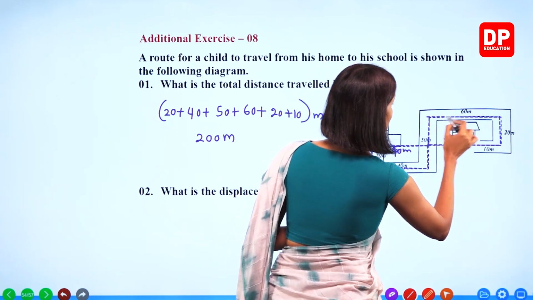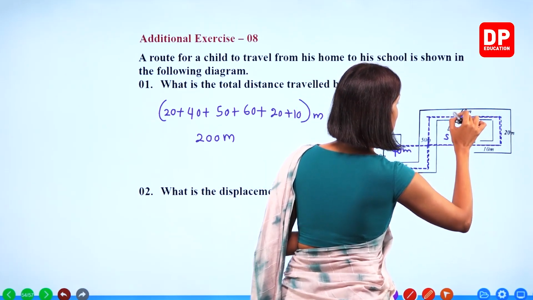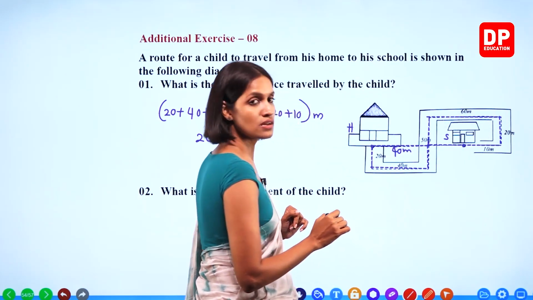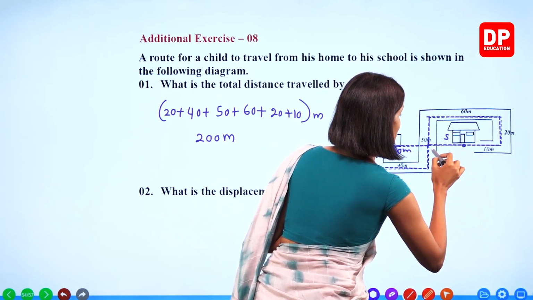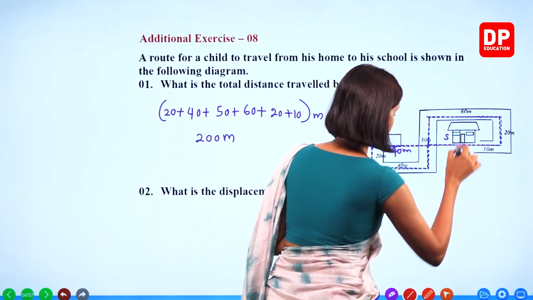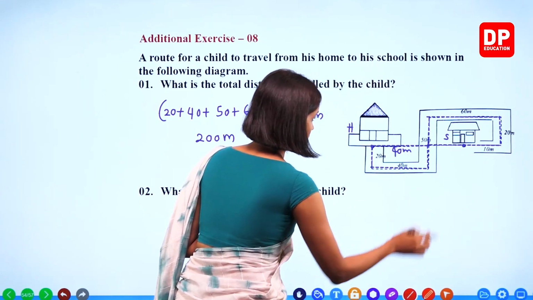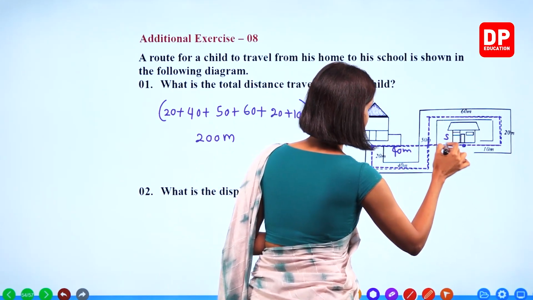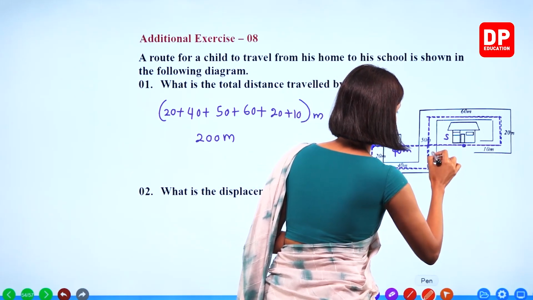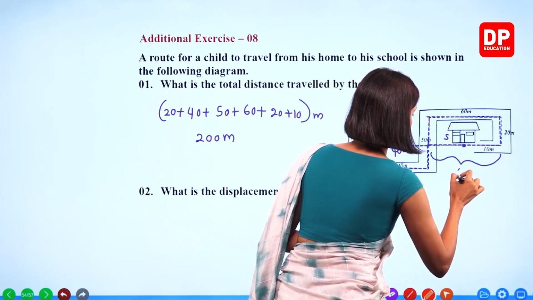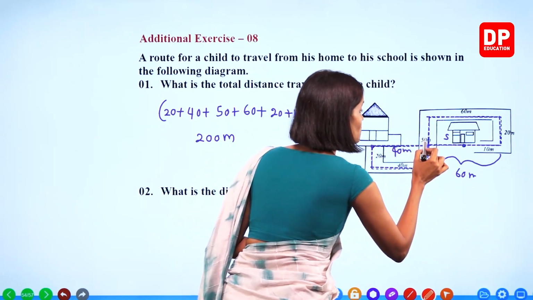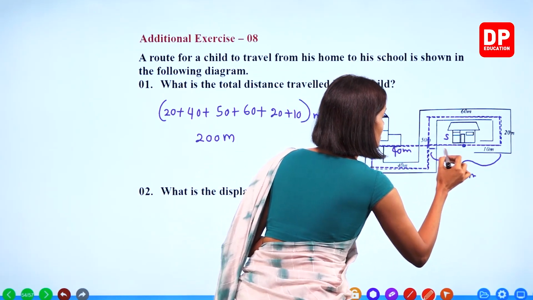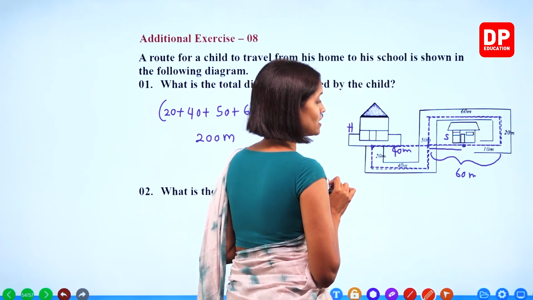So here the top line's length is 60 meters. What about the bottom line? Only part of the bottom line. Now, the bottom line also should be 60 meters. Top one 60 meters means this one also should be completely 60 meters. Right, this length. But we need to find the length from here to here only. Only this part should be found.